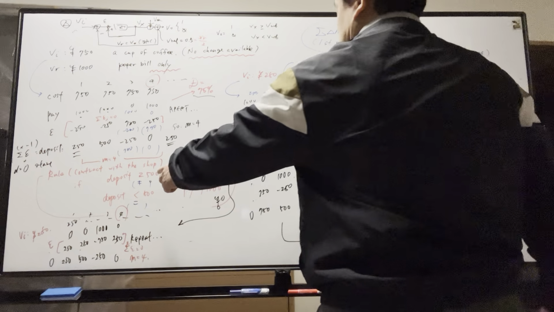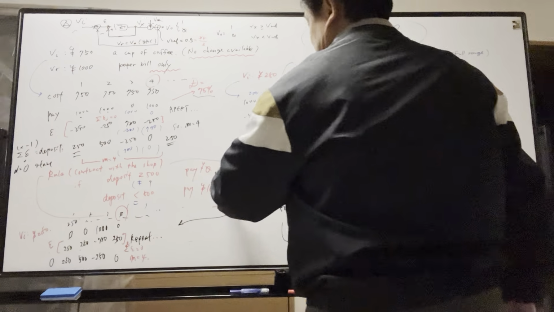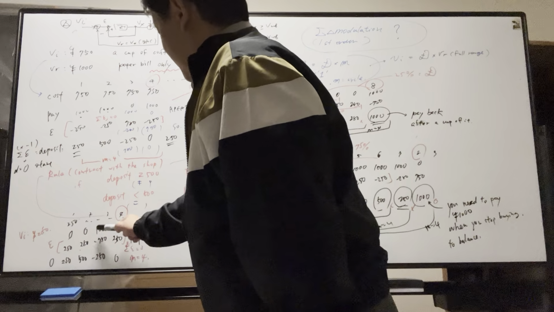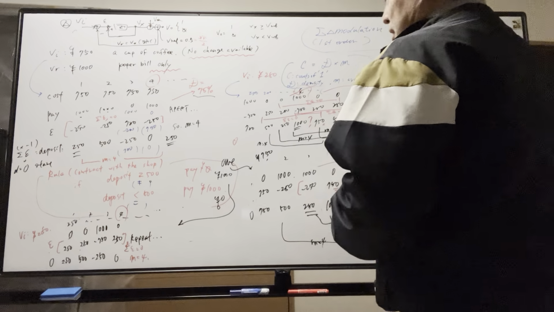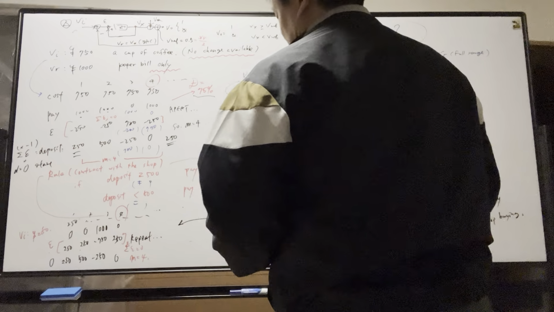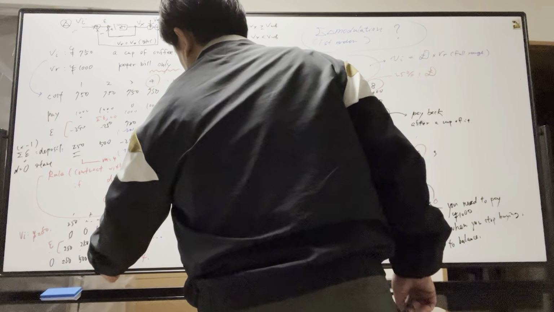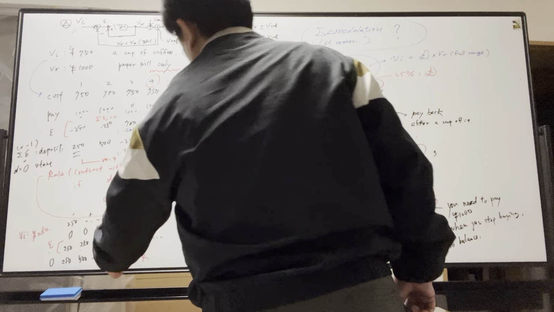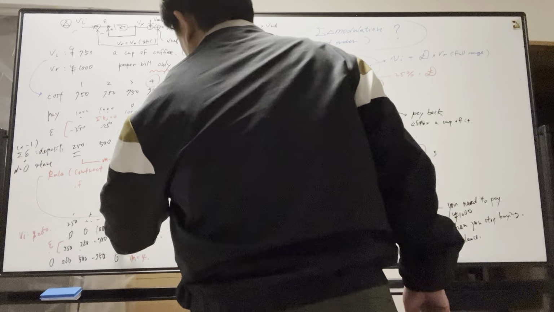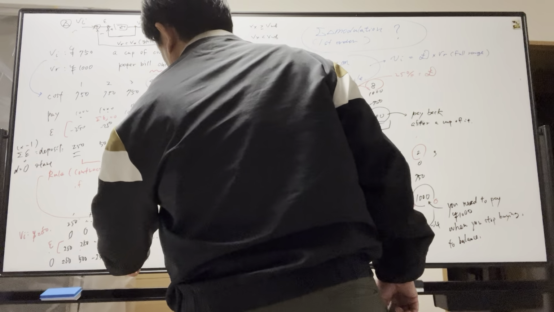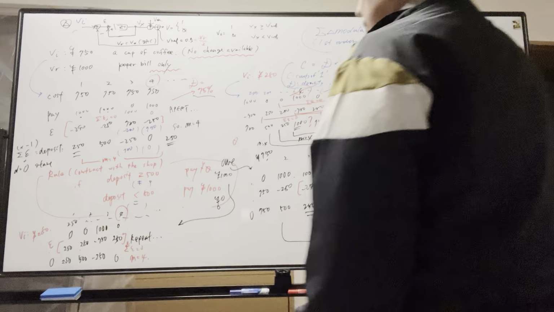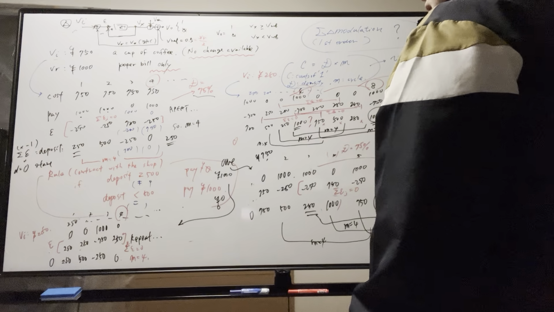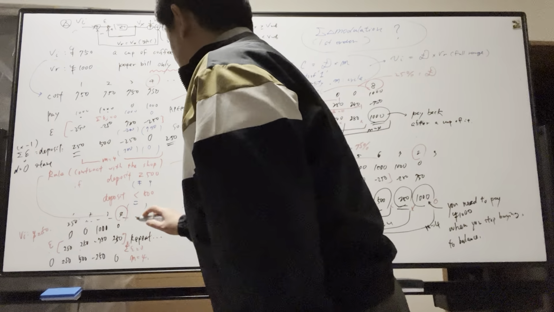In this case you need to pay. You've got to pay 1,000 next time, and minus 750 makes the balance you owe minus 250, so you don't need to pay, and it goes to 0. You owe nothing again after 4 cycles.